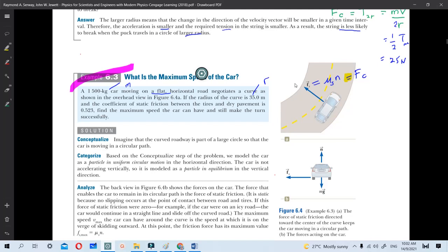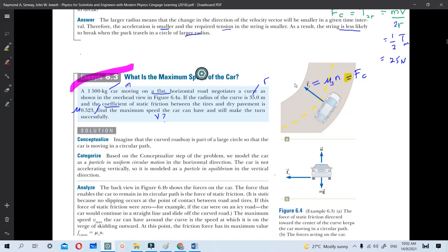So the question is, if the coefficient mu is given, find the maximum speed. They want the maximum V value at which the car can safely negotiate the turn.